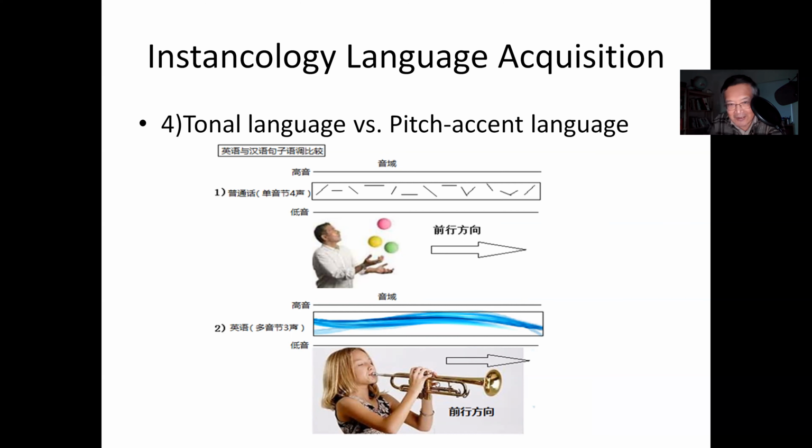You make it connected, so your tone won't change much. Here is your range of pitch, higher and lower, and you basically go like that. So this is a big difference.